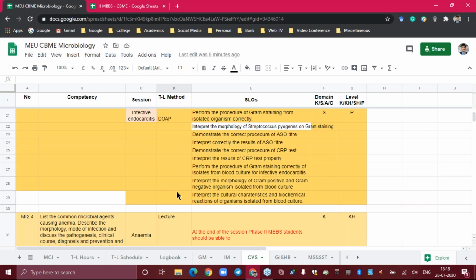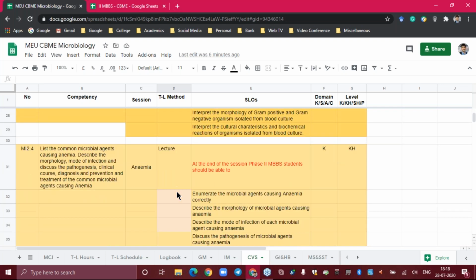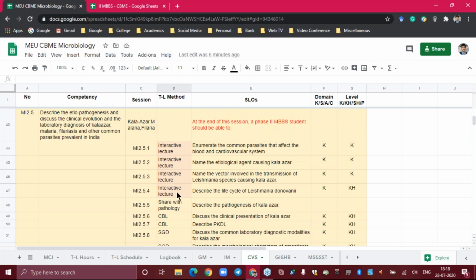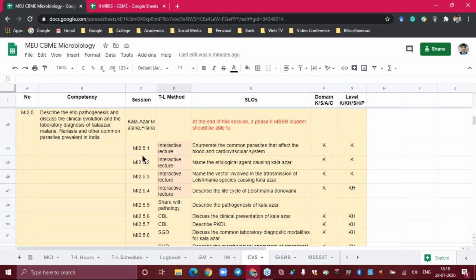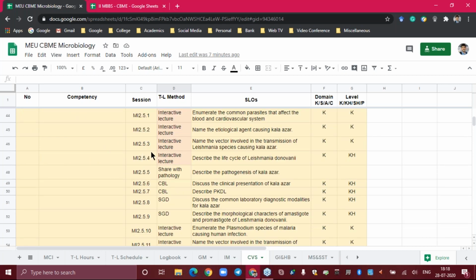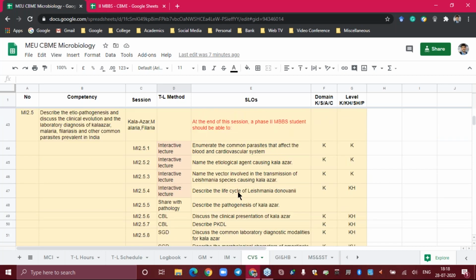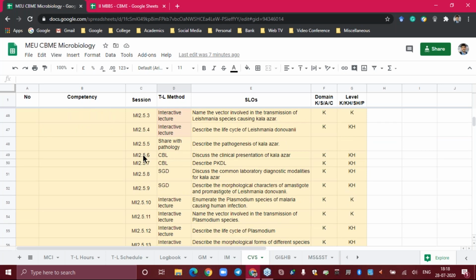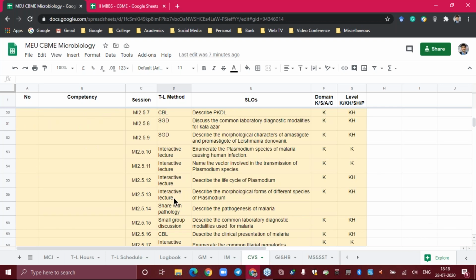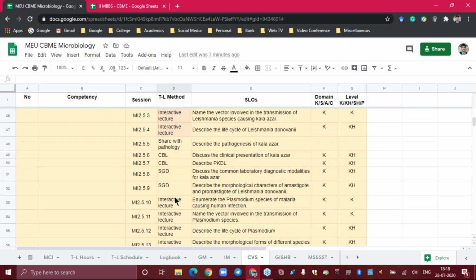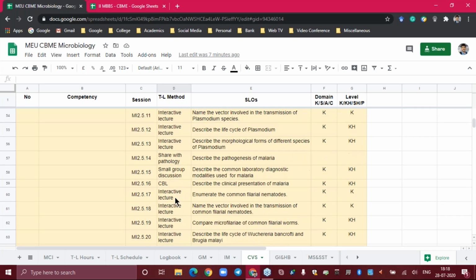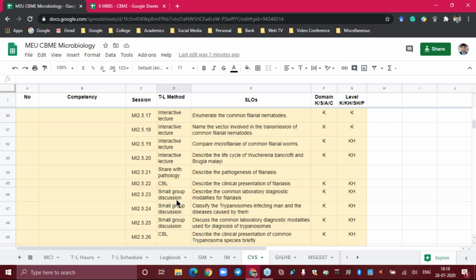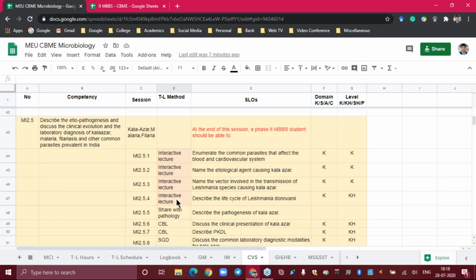I tried to change some of the things, but there are plenty of things, and we need to see. For example, over here, Kala Azar, there has to be one lecture, and in that one lecture, how many objectives are to be covered, right? That is one session. Another session would be case-based learning. See, over here it is very confusing, right? One competency is divided into lecture, CBL, small group discussion, and there is no specification of how long it will continue, right?